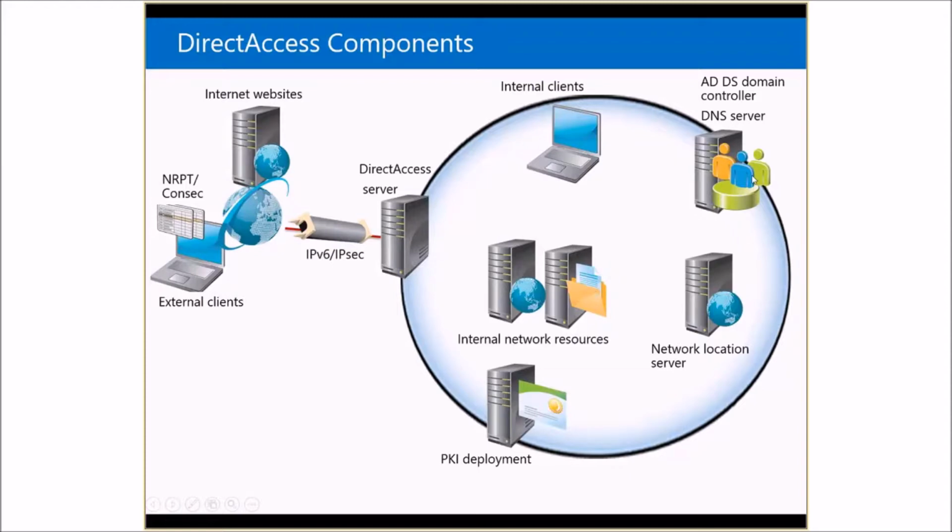We've got our Active Directory with DNS server. We've got a network location server and a PKI deployment, which is the certificate authority we're talking about. And we've got external clients and internet websites. Basically DirectAccess allows us this connection, but with IPv6 and IPsec.